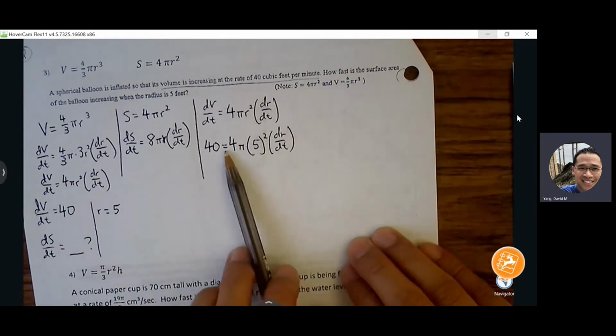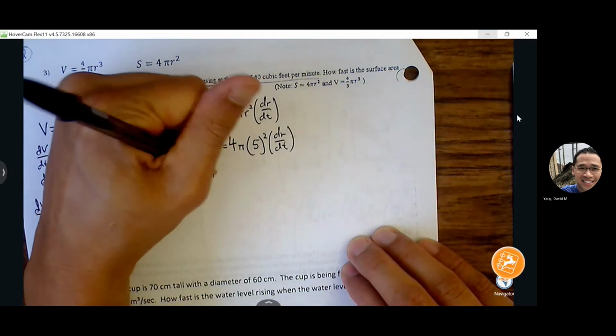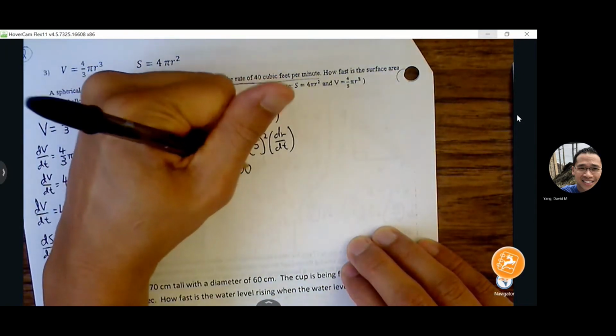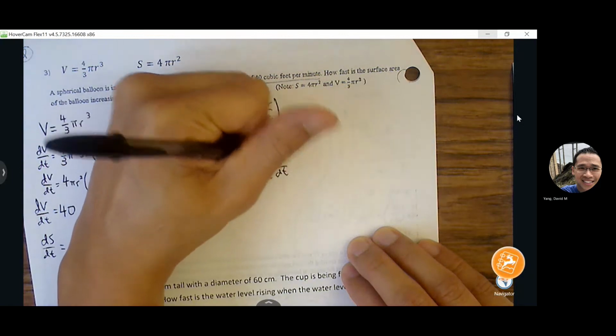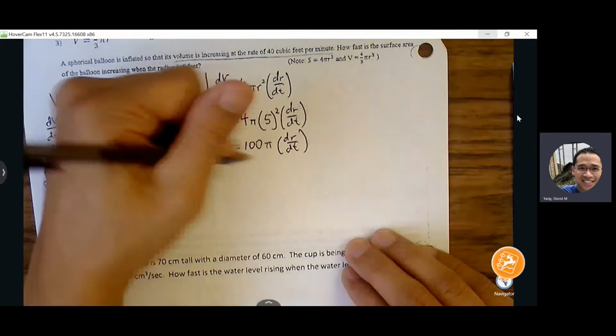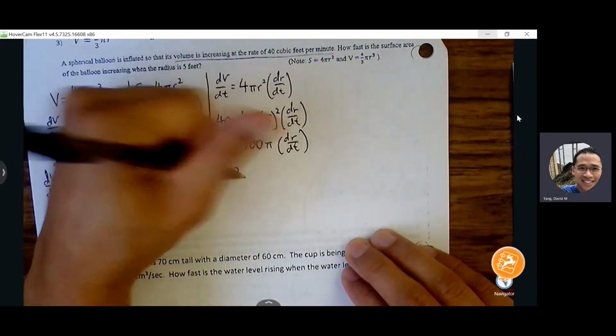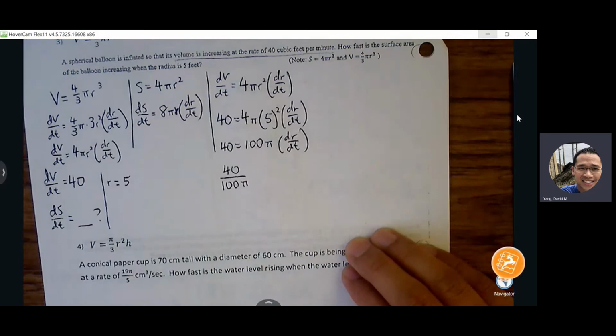Okay, do a little bit of cleanup here. 4 times 25 is 100, 100 pi. Okay, divide both sides by 100 pi. Make a note that pi is in the denominator. It needs to stay there.